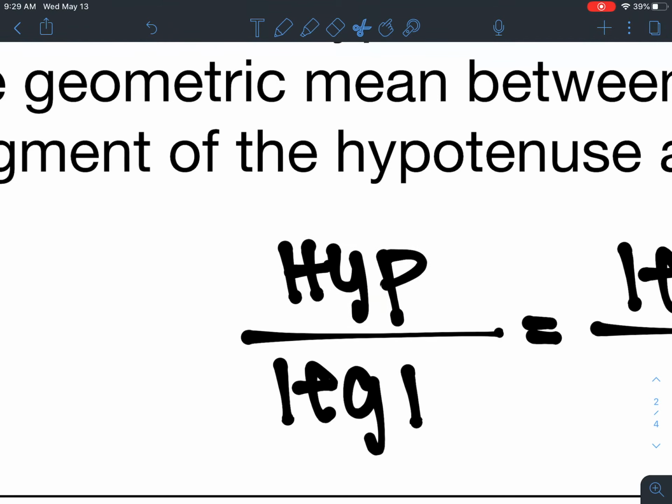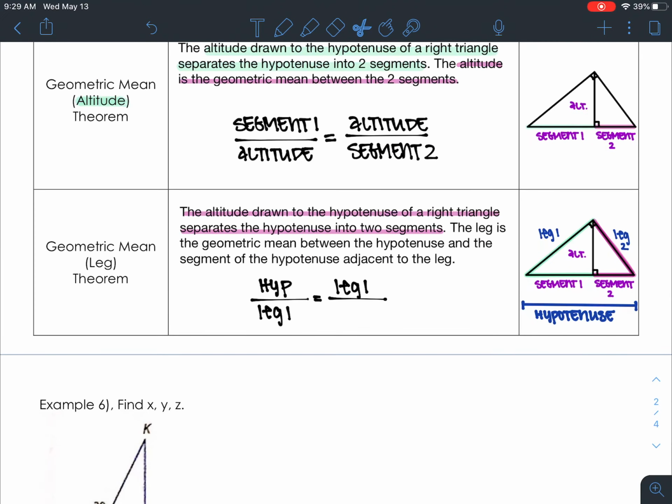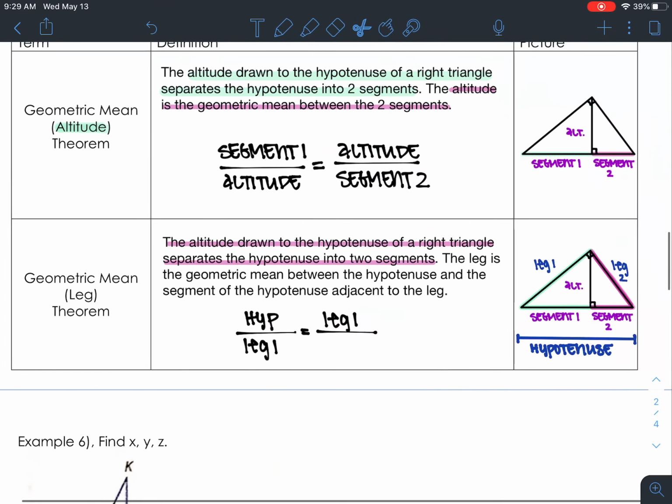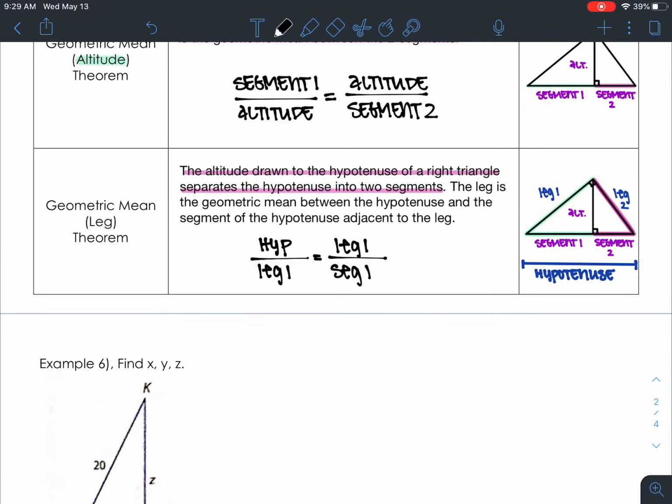I use hype, okay? And then the segment that we have to pick has to be the one that's adjacent to leg 1, which is segment 1, all right? So then we're going to use seg 1. So this formula is hypotenuse over leg is equal to leg over seg.